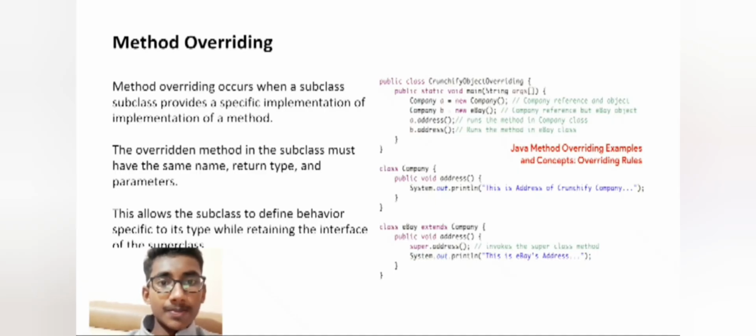This allows the subclass to define behavior specific to its type while retaining the interface of the superclass. We can see the program of method overriding with a superclass, Java method overriding examples and concepts, and overriding rules.